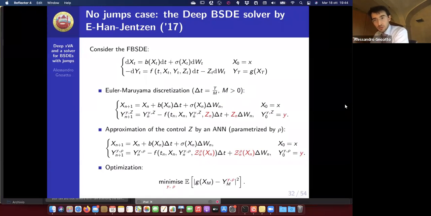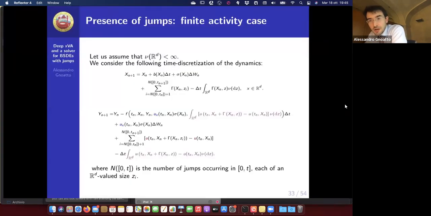Then you say, for each time step, my control now is an artificial neural network, a feed-forward neural network. So now your minimization runs again over the initial condition of the BSDE and the parameters of the neural network. So how does the picture change when we introduce jumps? As a starting point, let me assume that the Levy measure integrates the whole of R^d.